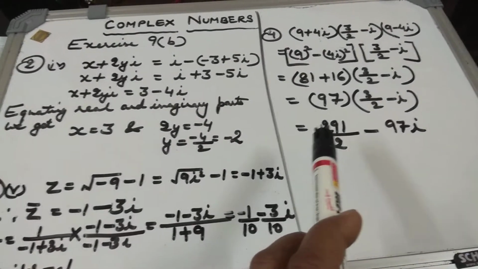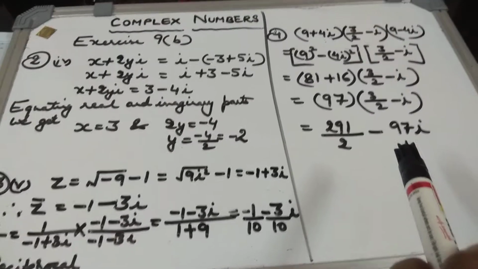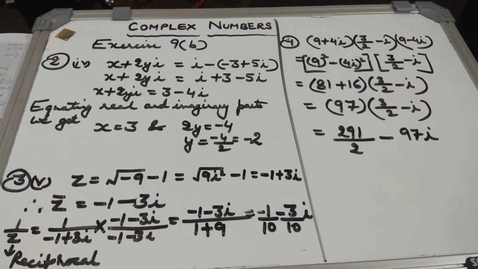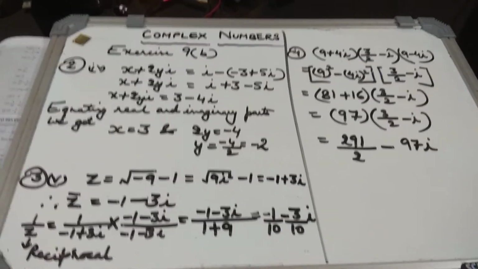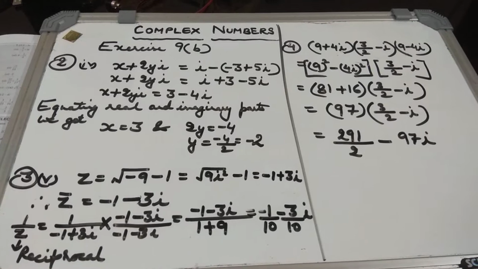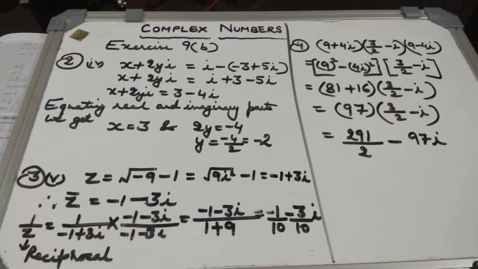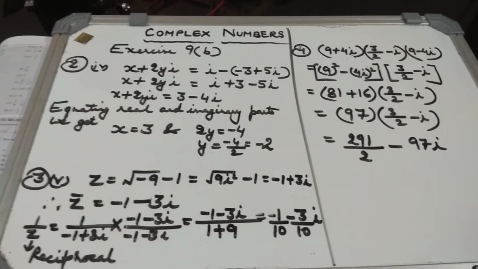Now 97 into 3 upon 2 is 291 upon 2 minus 97i. So this is how we have to make use of the knowledge of complex numbers along with the simplifications of imaginary part and do the problems like this.